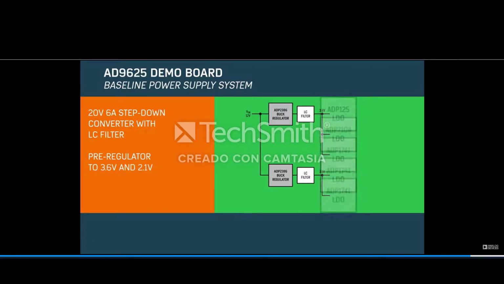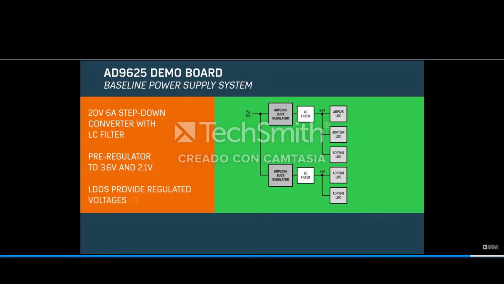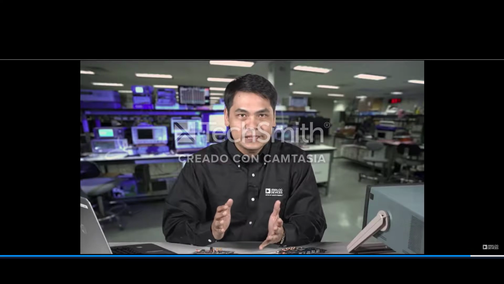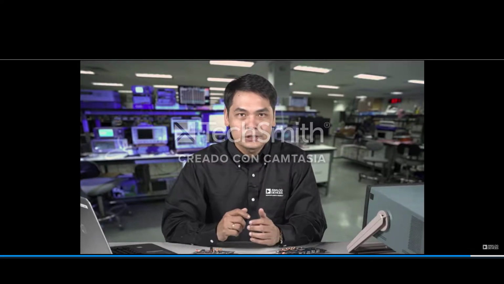These intermediate voltages are further stepped down by LDOs on each regulated ADC input rail. The LDOs provide the regulated voltages to the ADC and are effective in reducing the output ripple from the switching regulators. The traditional baseline system successfully produces well-regulated low-noise outputs, but at the cost of complexity.